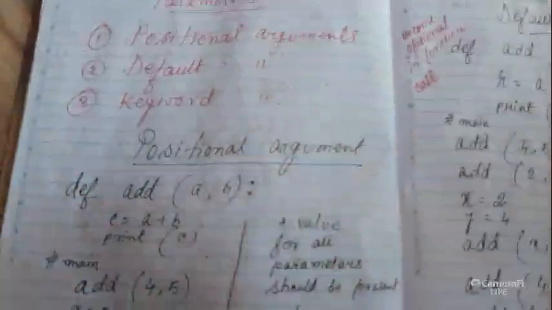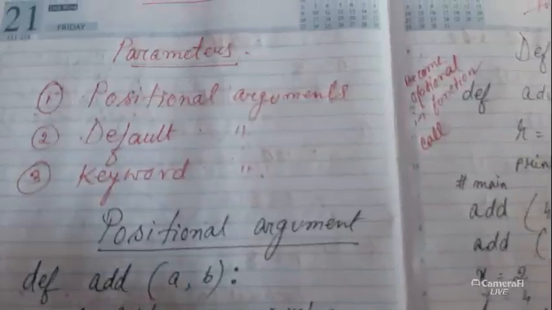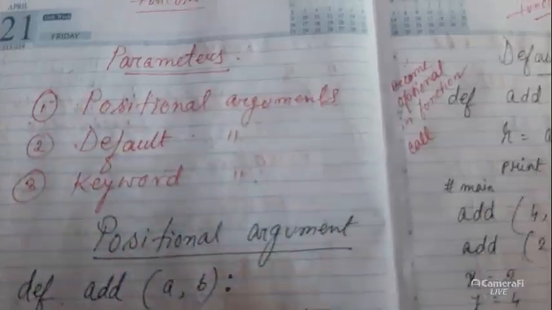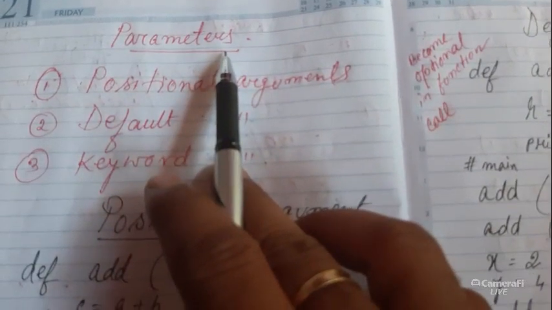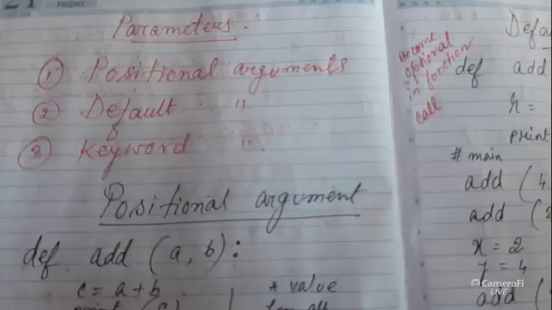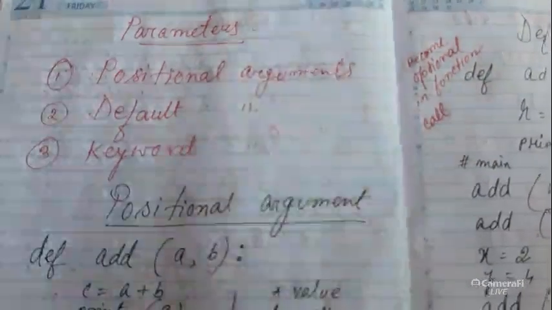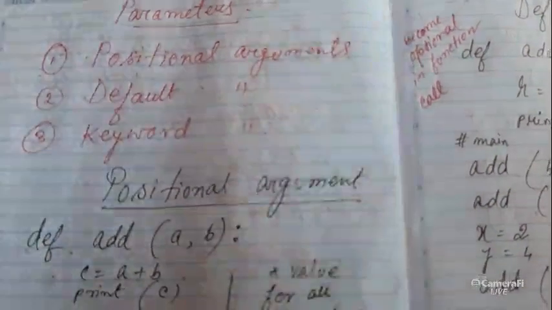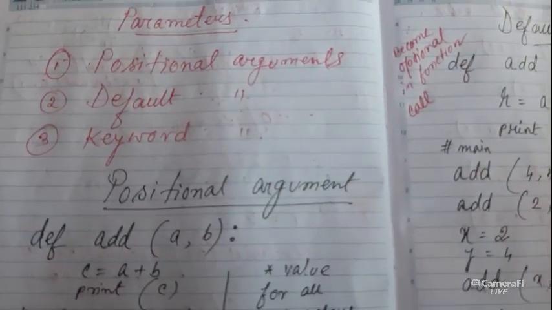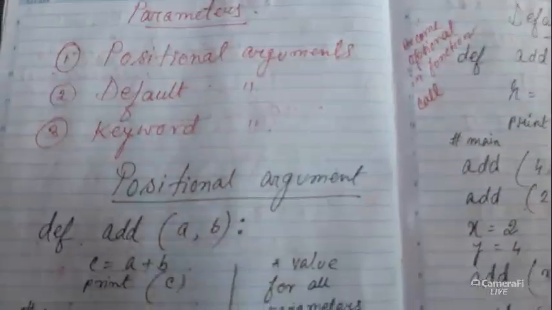So now coming to our next topic in functions. Now we'll discuss parameters. Yesterday we discussed that there are types of parameters or arguments. The values present in the function call are called parameters, and those present in the function definition are arguments.